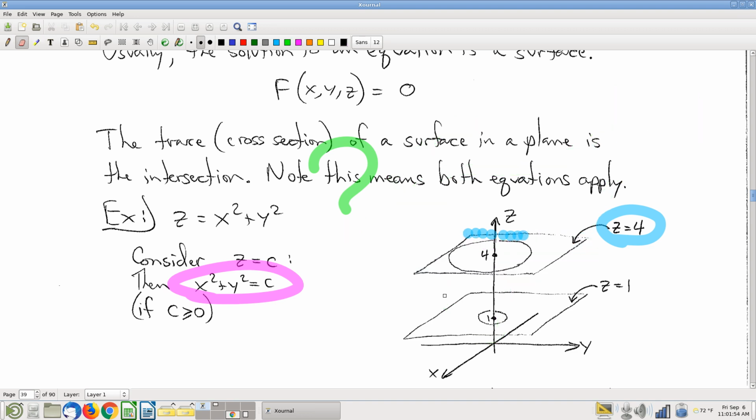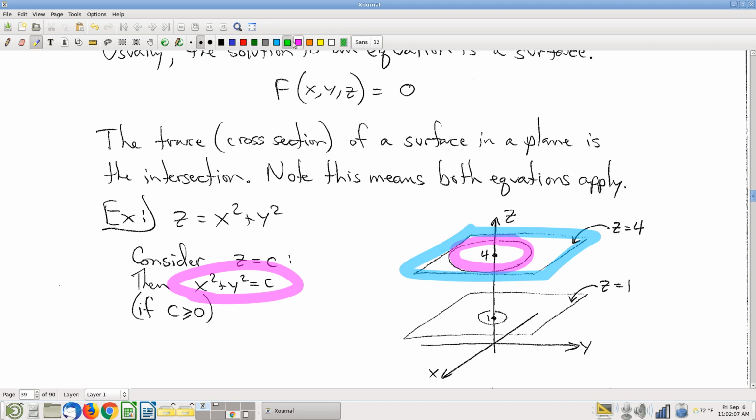And what I get in this case, of course, is that if I understand the solution to this simplified problem, that is telling me what one of my cross sections looks like of my original surface that I'm trying to understand. So you'll see this all over the place in math at all levels. We turn hard problems into easy problems, solve the easy problems, and then try to work it back and figure out what that really means for us.